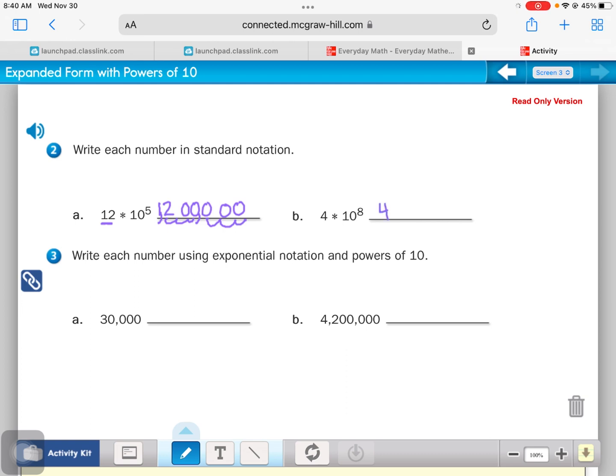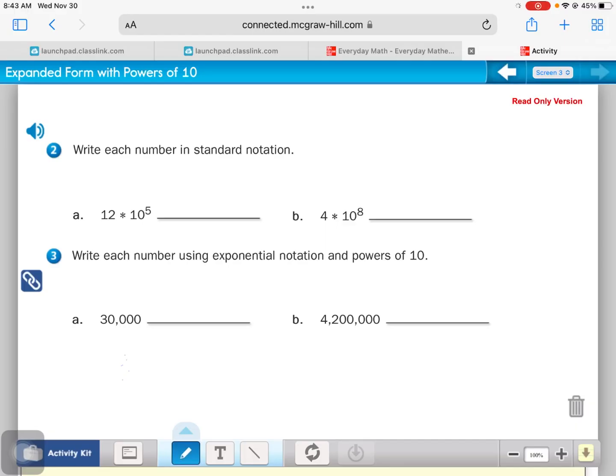For letter B, I had 4 to the 8th power, 1, 2, 3, 4, 5, 6, 7, 8. 1, 2, 3, 1, 2, 3. So 400 million. All right, let's try it again. 3 times 10 to the 1, 2, 3, 4th power.